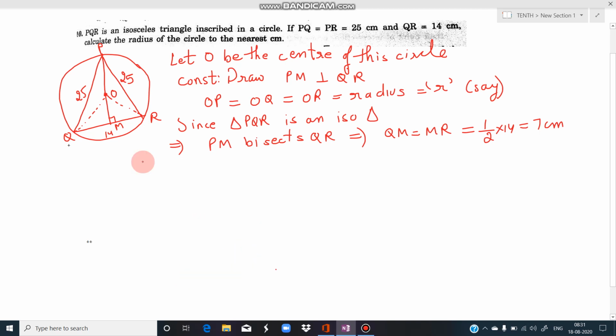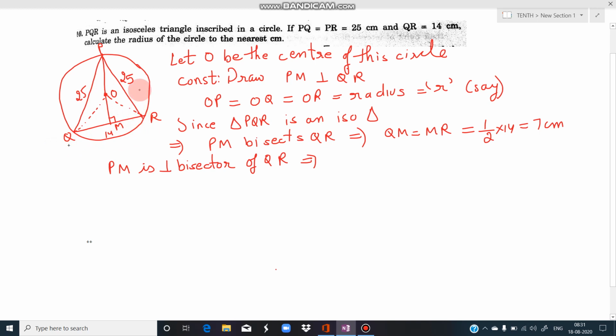So this result. So students, here PM bisects QR. तो ये जो लाइन PM है, what is that? ये QR के परपेंडिकुलर भी है और ये QR को बाइसेक्ट भी करती है. That means this PM is the perpendicular bisector of QR, isn't it? So if it is the perpendicular bisector, QR क्या है?